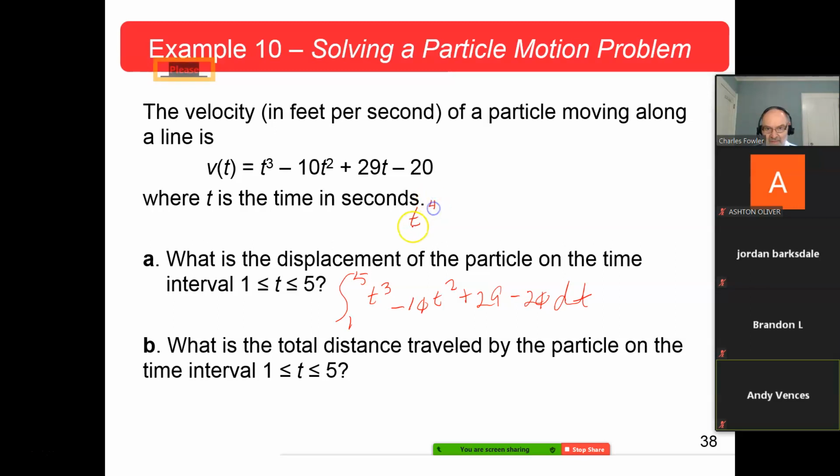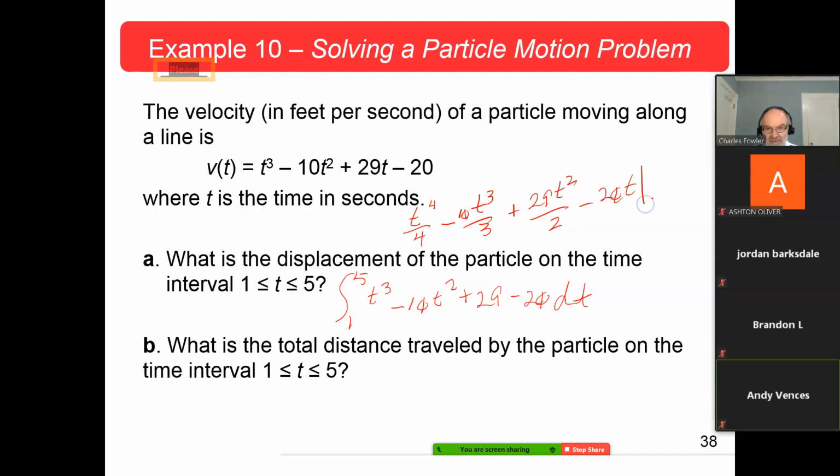All right. Well, what's the antiderivative of t cubed? Anybody? t to the 4th over 4 minus the antiderivative of 10t squared, that would be minus 10t cubed over 3 plus 29t squared over 2 minus 20t.